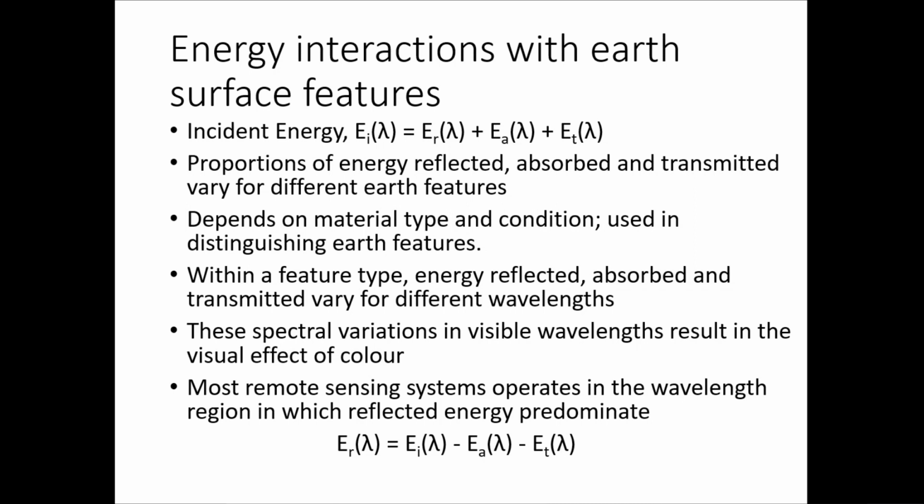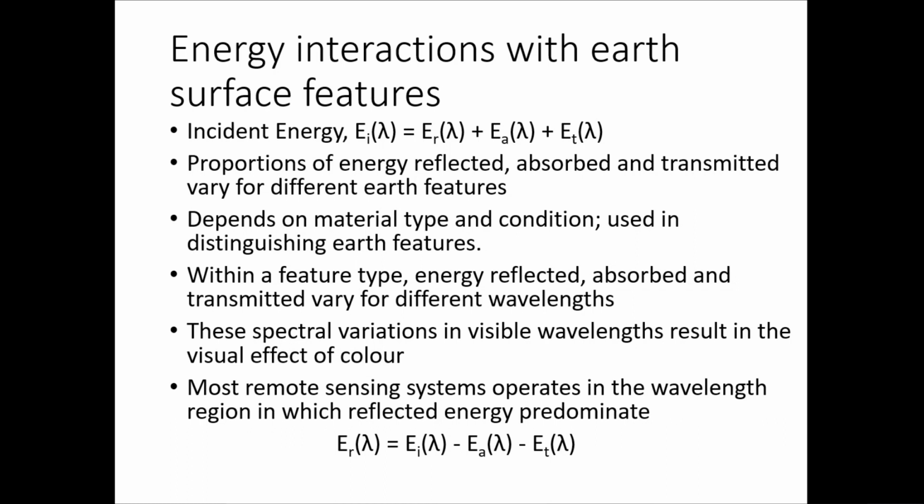All right, and the proportion of each of these, reflection, absorption, and transmission, will depend on the wavelength of the energy and the material and condition of the feature. The proportion of energy reflected, absorbed, or transmitted varies for different Earth features and also on the wavelength of the energy.